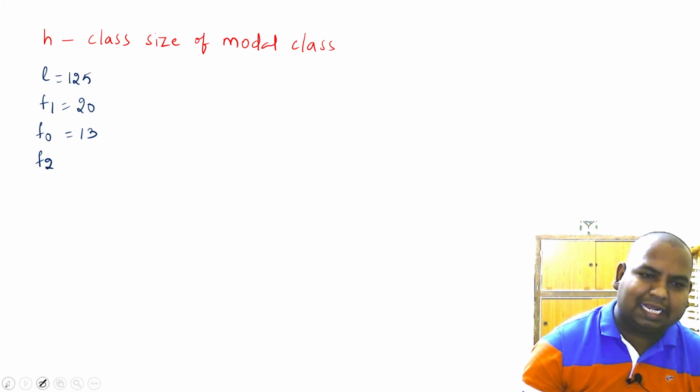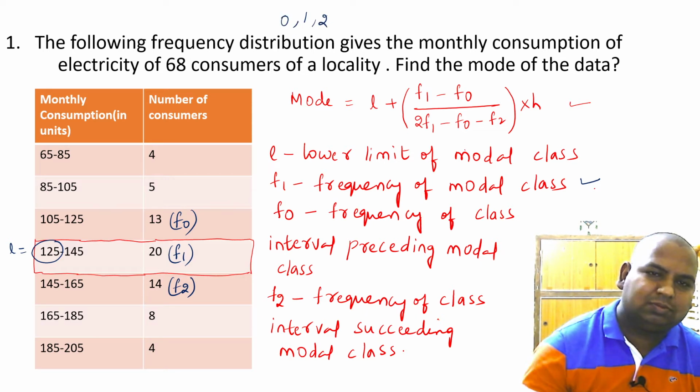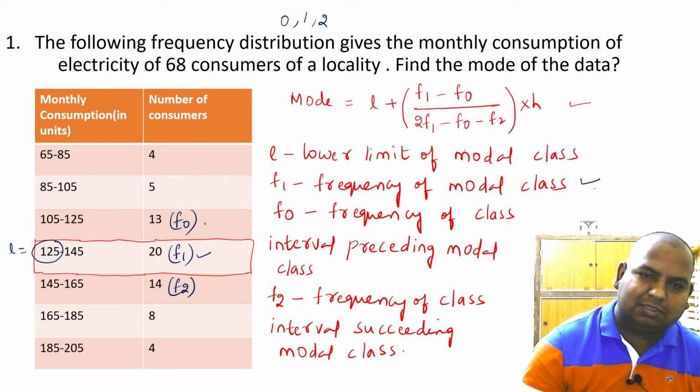After the middle class, we have a class interval. This is the class interval. The frequency of this class interval is F2. In simple language, we have 1. Before 1, what will we get? We will get 0. After 1, what will we get? We will get 2. So, 1, 0, 2. Got it?